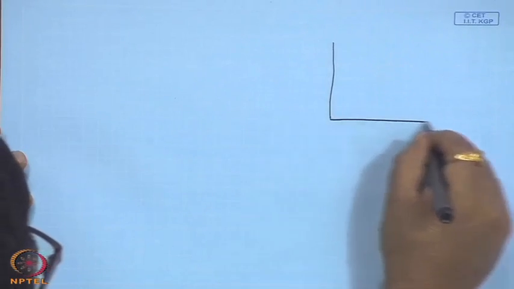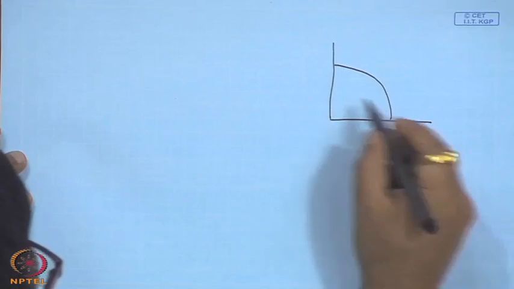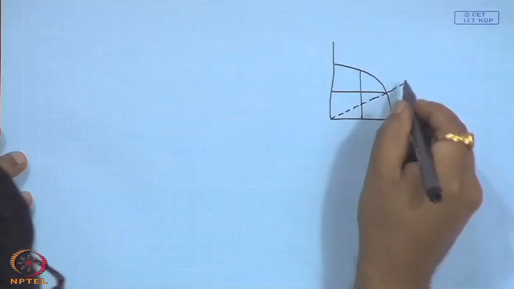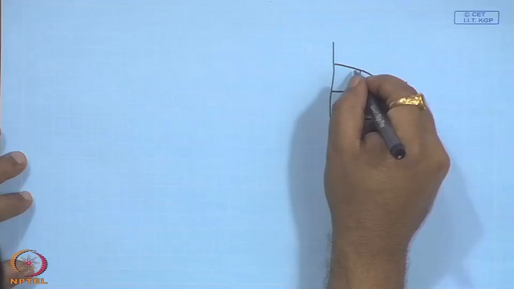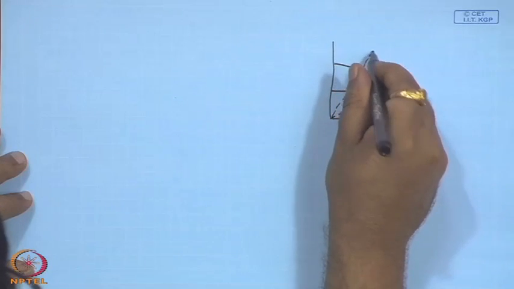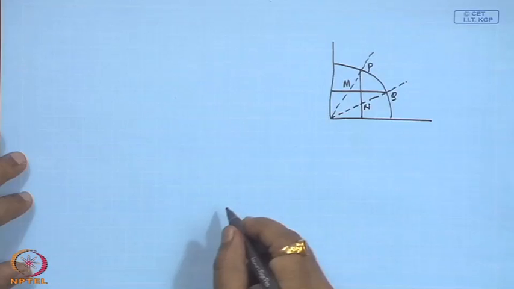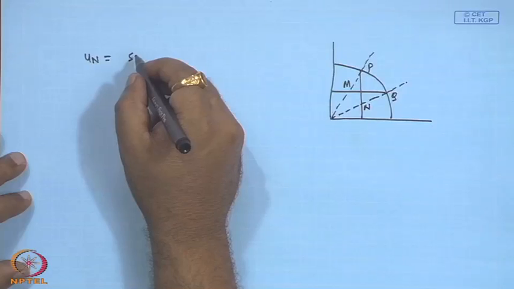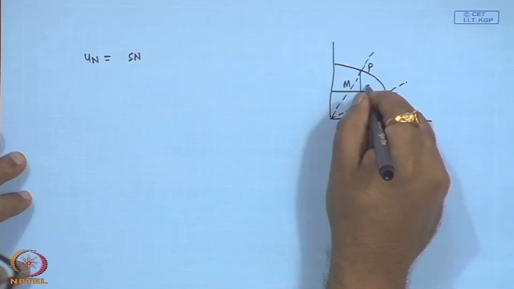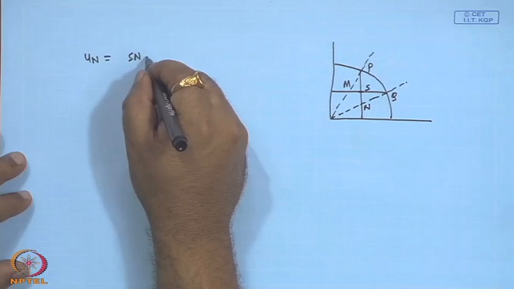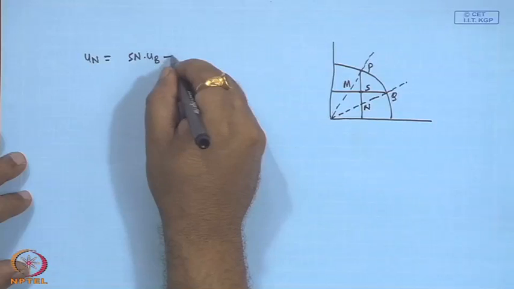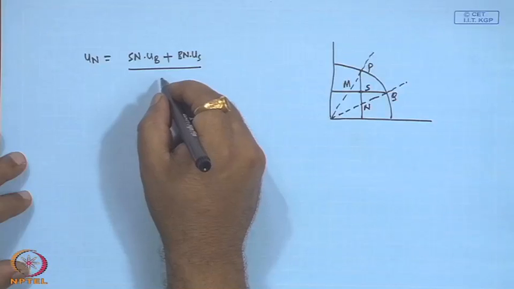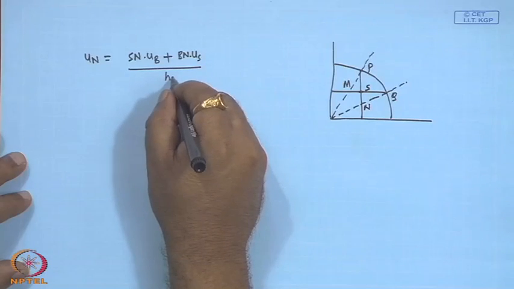So, we need to draw this again and again. Then u_N is given by, so this point is S. So, u_N is (SN u_B plus BN u_S) by H4.